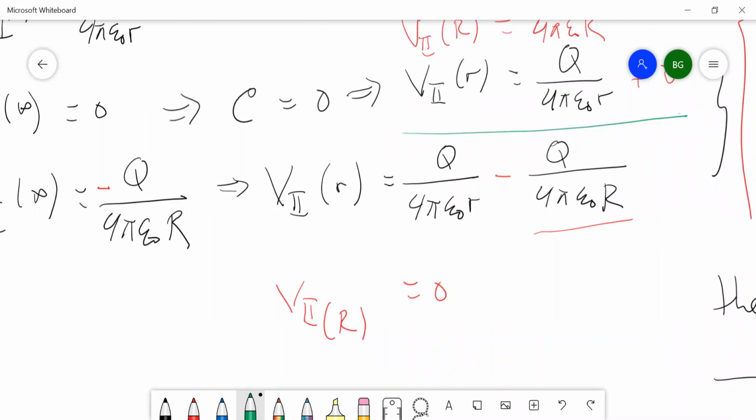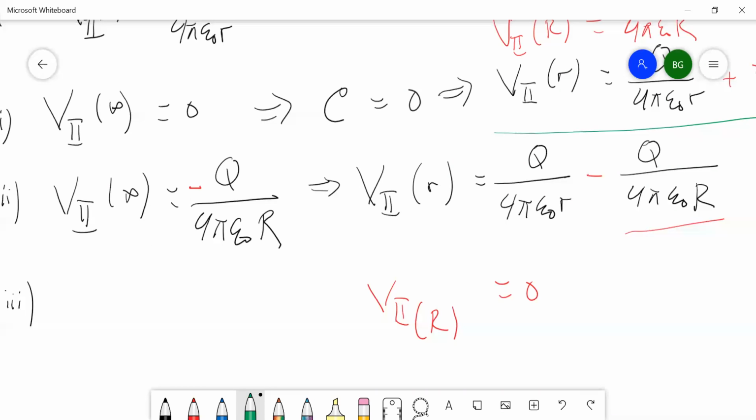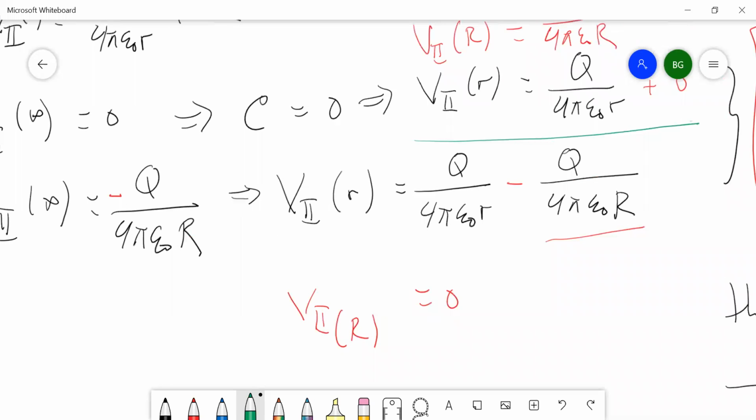Sedangkan untuk yang lainnya, misalnya yang pernah keluar, kalau di tak hingga disetting seperti ini, dapatnya seperti ini.